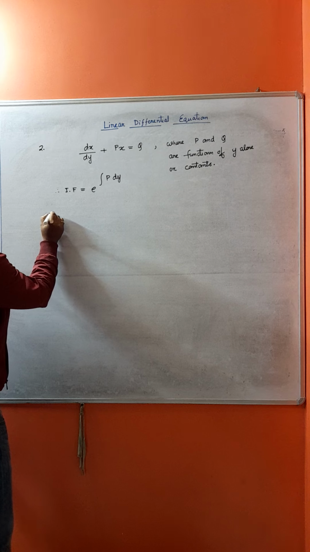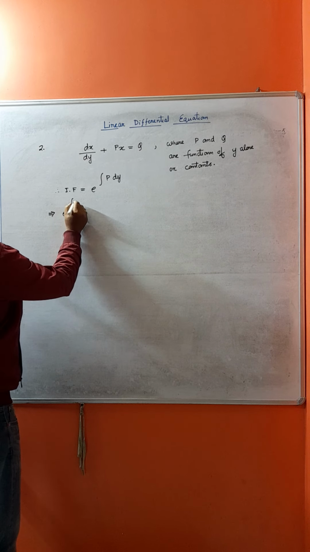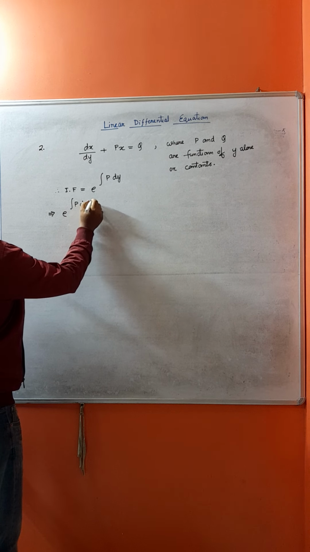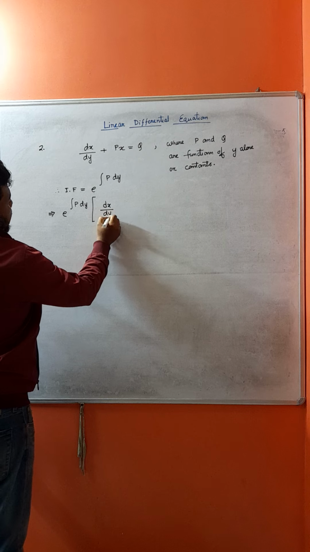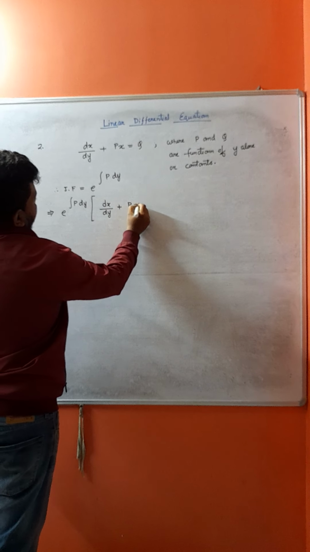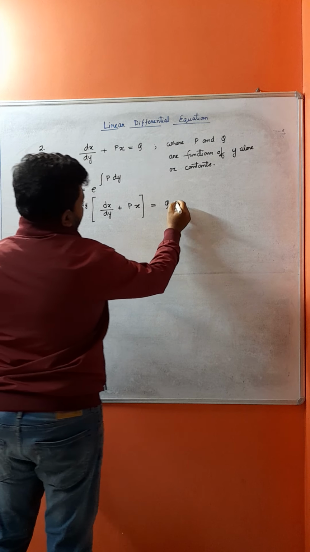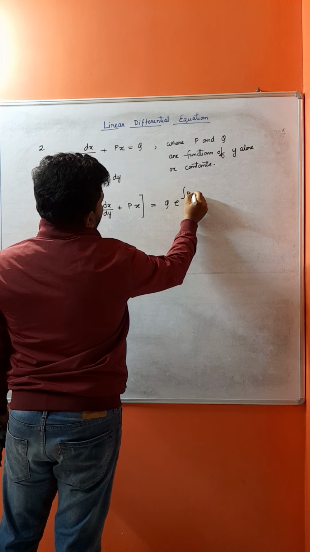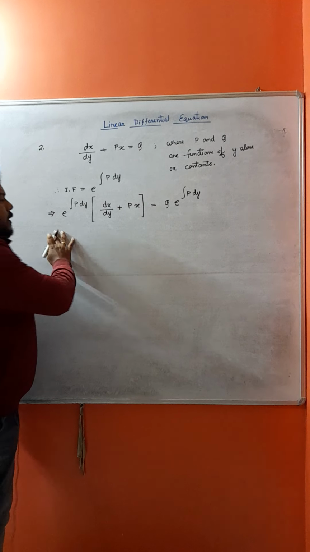Now multiply by this on both sides, we get e to the power integration of p dy into dx by dy plus px is equal to q into e to the power integration of p dy.